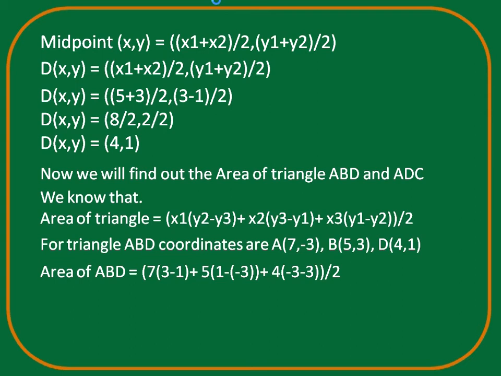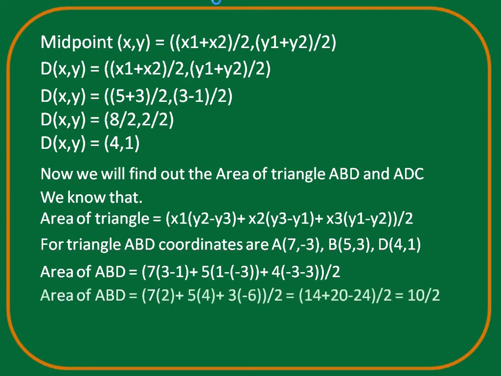Simplifying, we get 14 plus 20 minus 24 upon 2, that is 10 upon 2, which is 5 square units. Because we have not been given the unit, it may be millimeter, centimeter or meter. So the area of triangle ABD is equal to 5 square units.